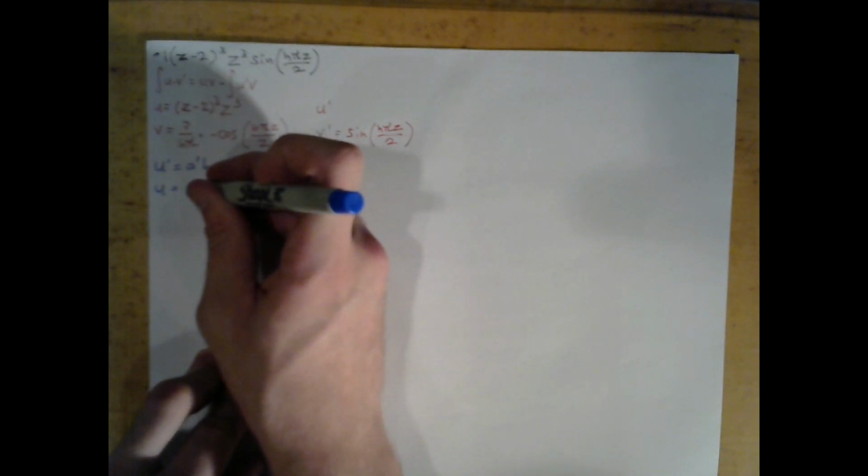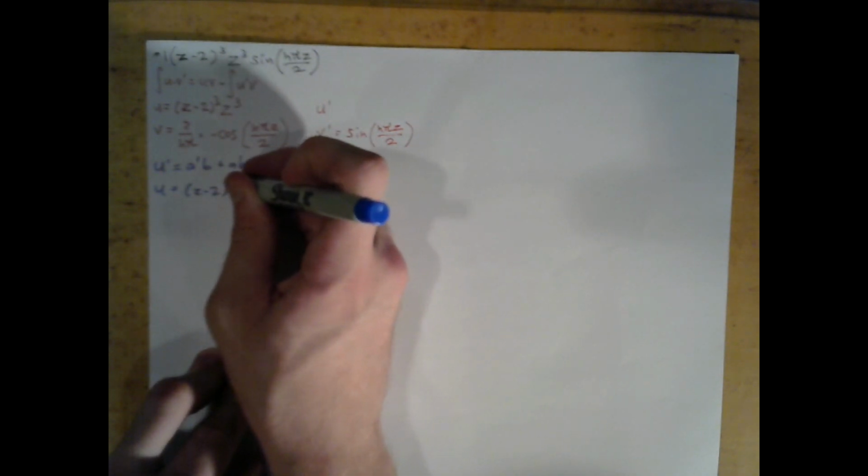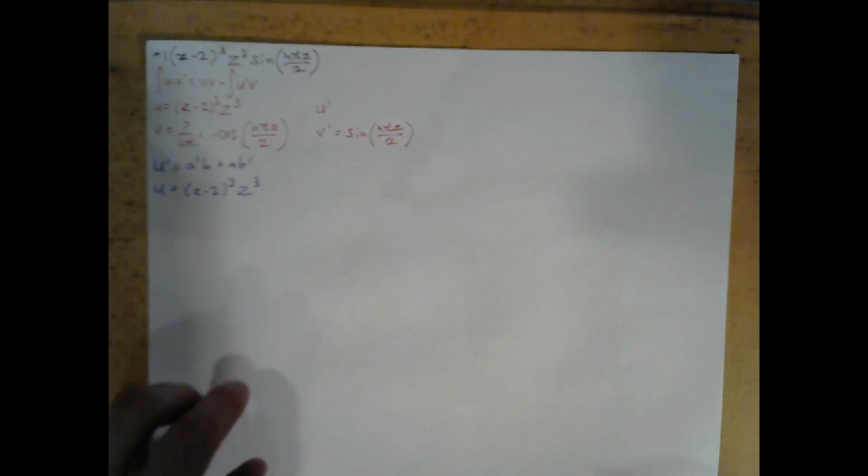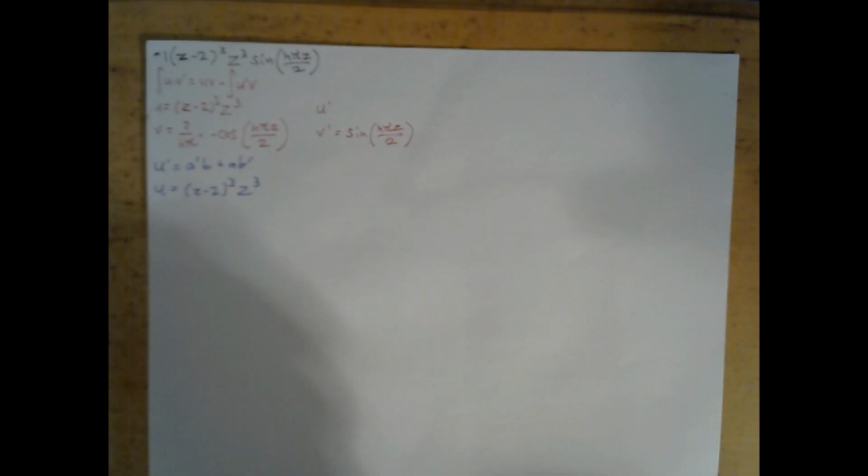So we're going to have (z minus 2) cubed, z cubed. This is going to go kind of fast because, again, you should know this from Calc 1, and this is a long integral, so I don't have time to talk about it all. So from here on out, this is going to go pretty fast, okay?